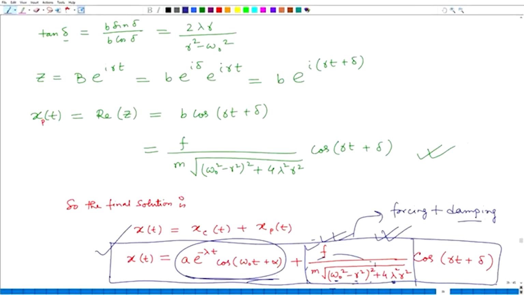So, you see, the point is for which combination of omega 0, gamma and lambda you have this amplitude part to be maximum. So, I just extract this expression over here.